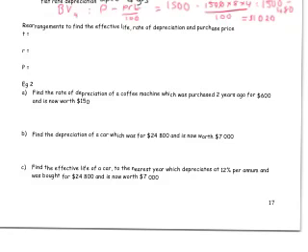Okay, and just like we can rearrange the simple interest formula, we can also rearrange the depreciation formulas to find the effective life, that's time, rate of depreciation, and purchase price.